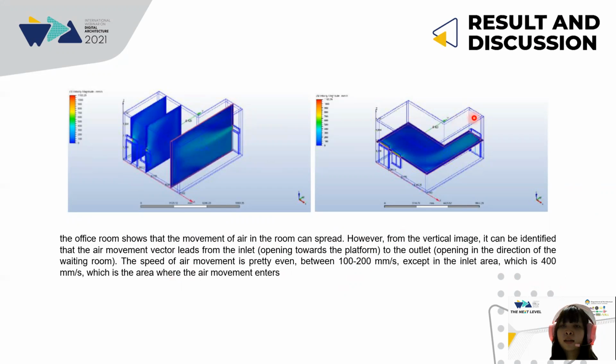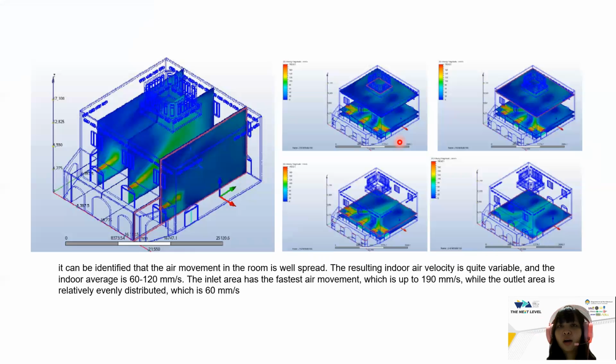The speed of the air movement is pretty even, between 100 and 200 millimeters per second, except in the inlet area, which is 400 millimeters per second, the area where the air enters. It is very slow.